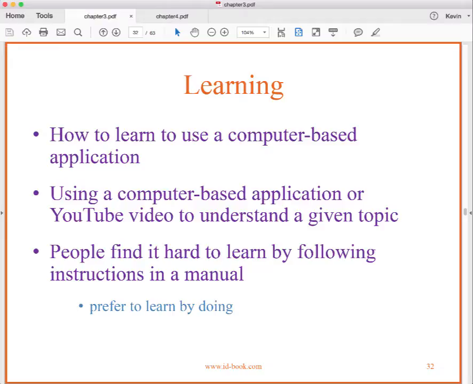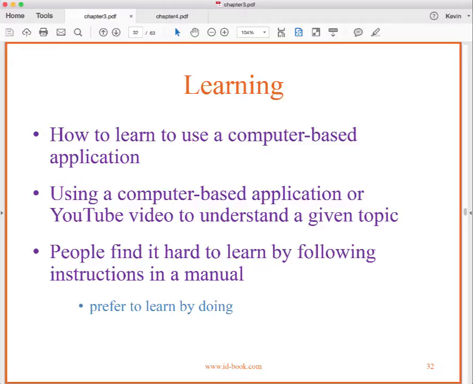People find it hard to learn by following instructions in a manual, and they prefer to learn by doing. So, I think this is really a case where our expectations are going to shift pretty drastically over time. And so looking at researching and thinking about general principles is going to be important because we're going to have more options over time.